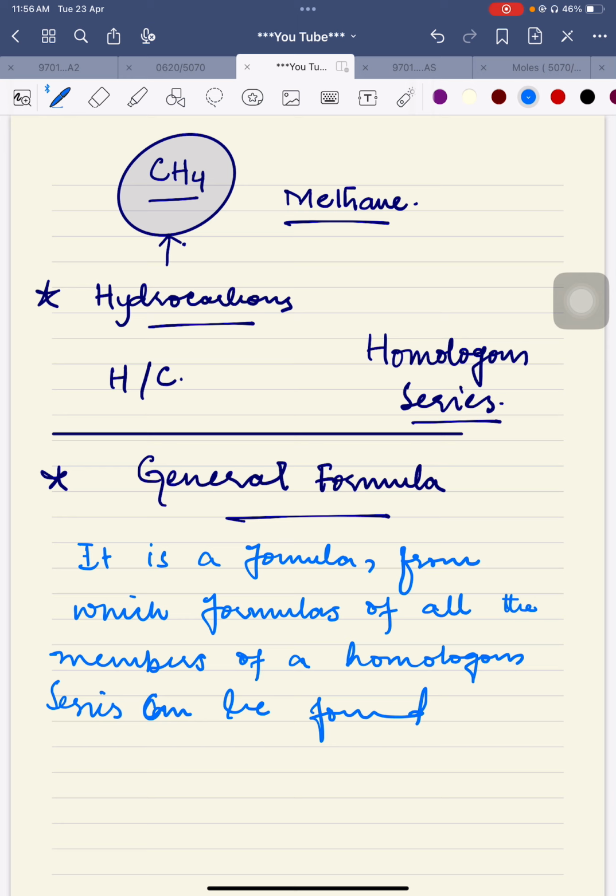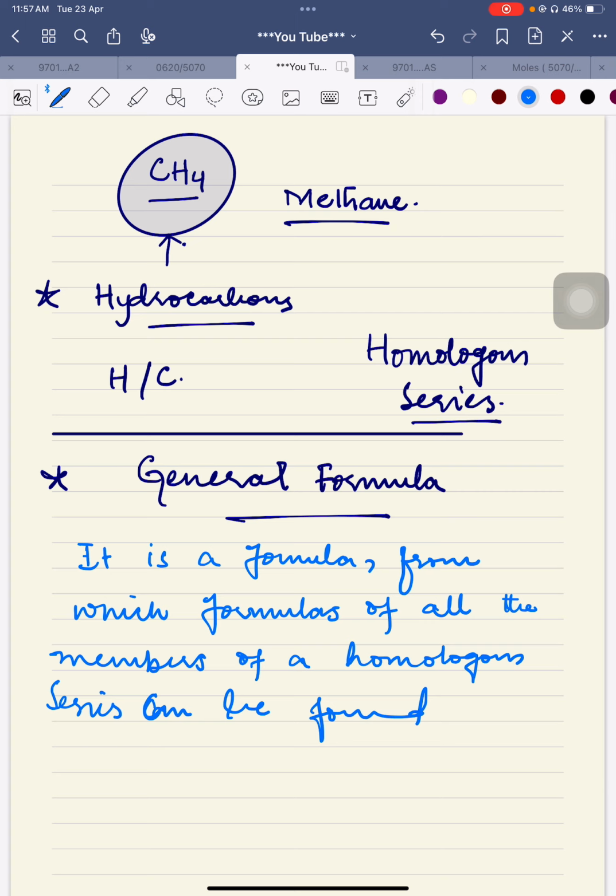So general formula is a specific type of formula by which we can determine the formula of all the members of a specific family. Every homologous series will have its own general formula. If there are 100 homologous series, there will be 100 separate general formulas. In our syllabus, how many homologous series are there? I know many of you are getting tense. Don't worry, there is not that huge content.